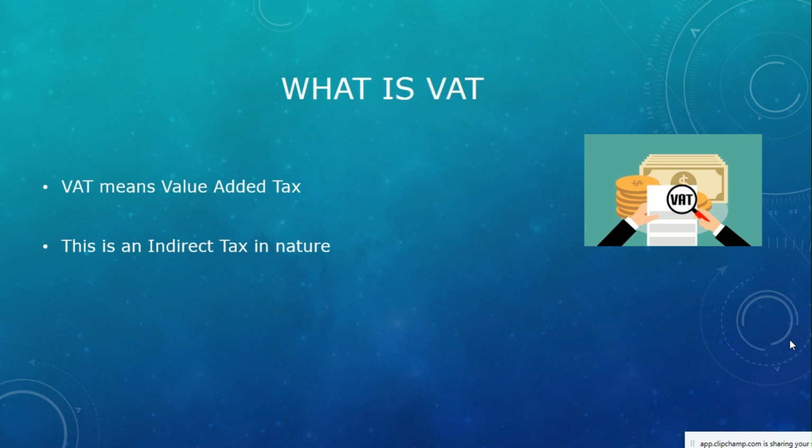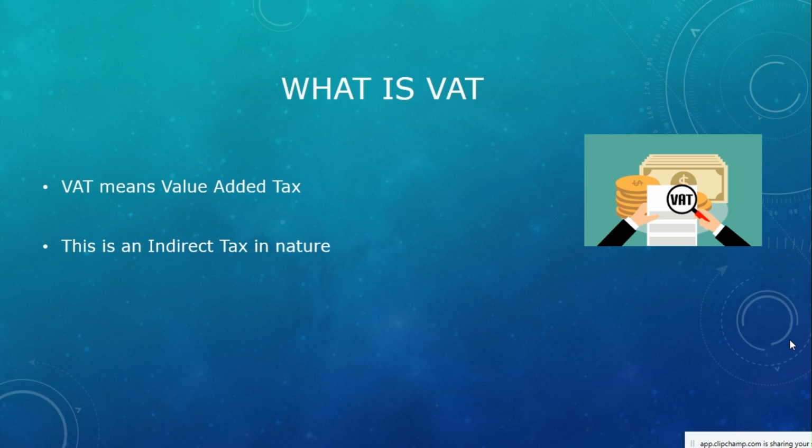However, with indirect taxes, the person who is paying VAT is not directly paying to the authorities. There is a middleman, a person who is collecting that tax, which is VAT, from the purchaser, and that person is responsible for paying that tax to the authorities.